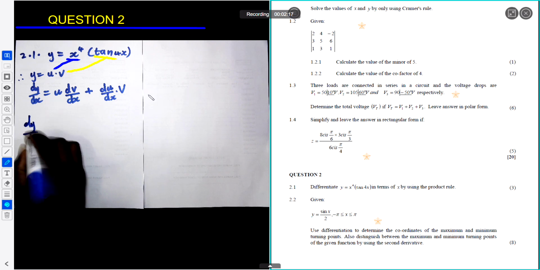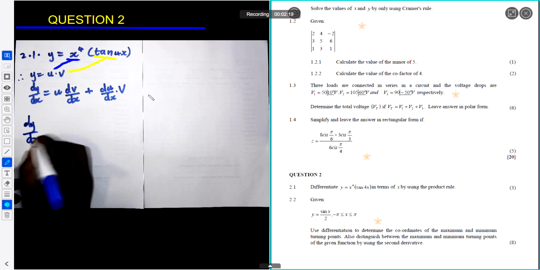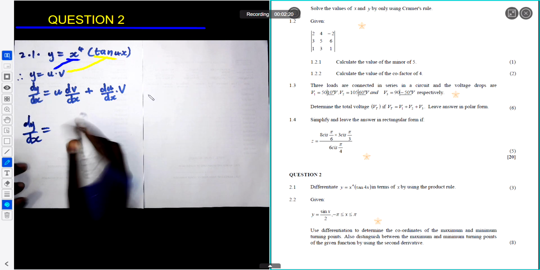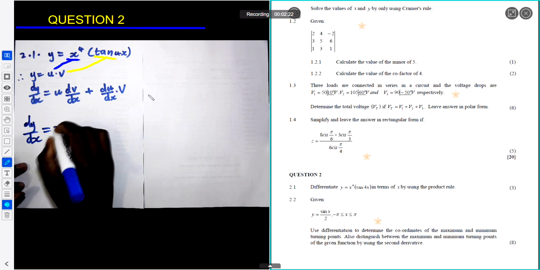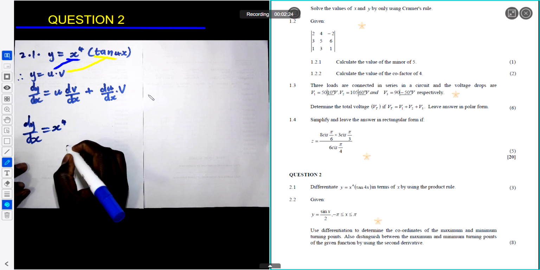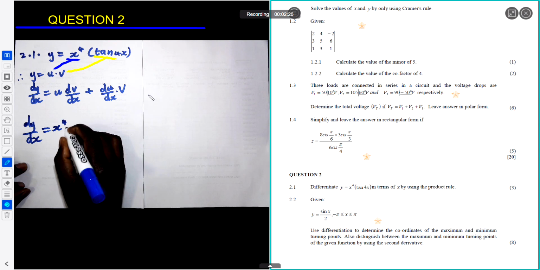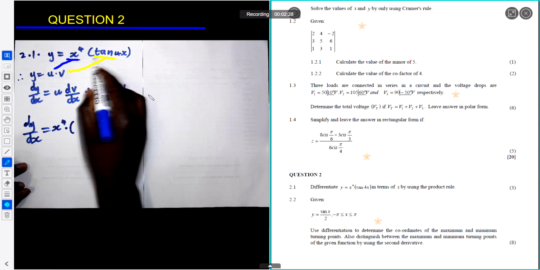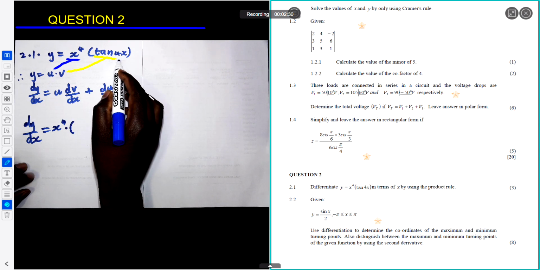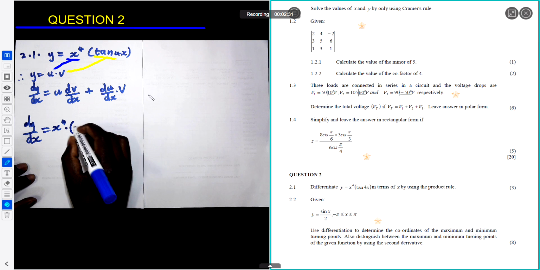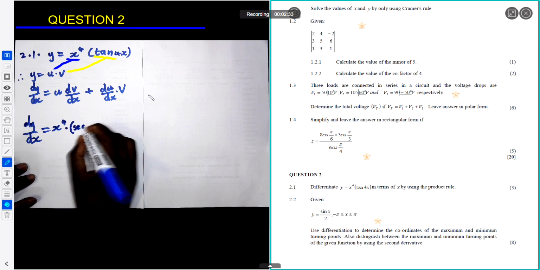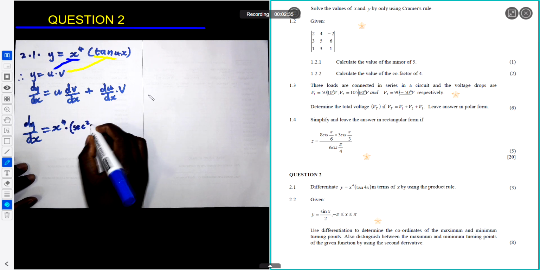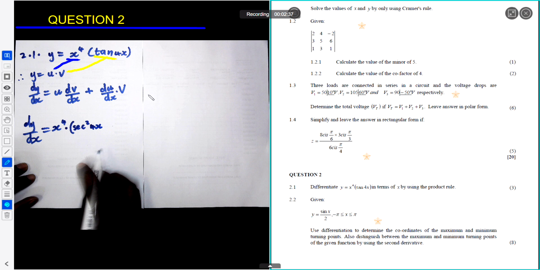So dy over dx is equal to 2x to the power 4 multiplied by the derivative of tan 4x. The derivative of tan is sec squared, so we get sec squared 4x.